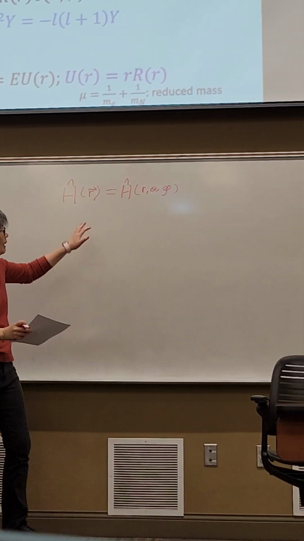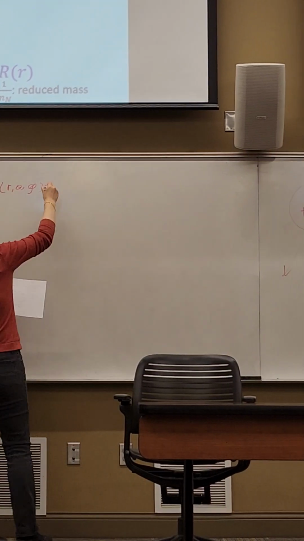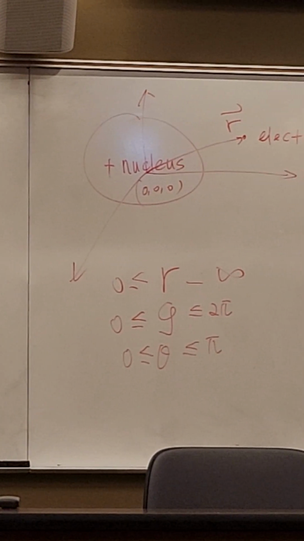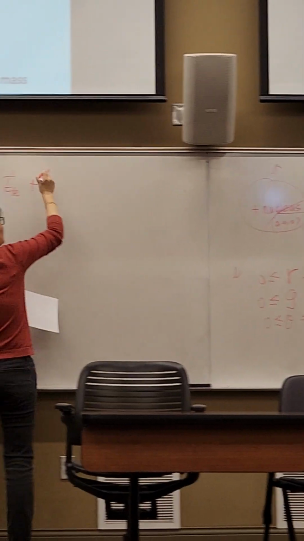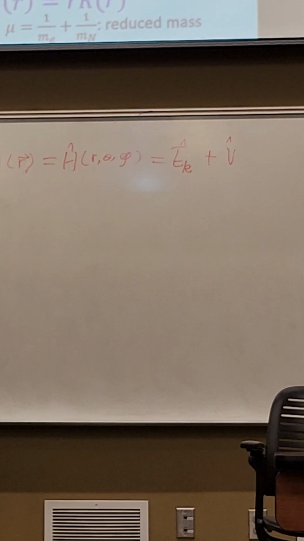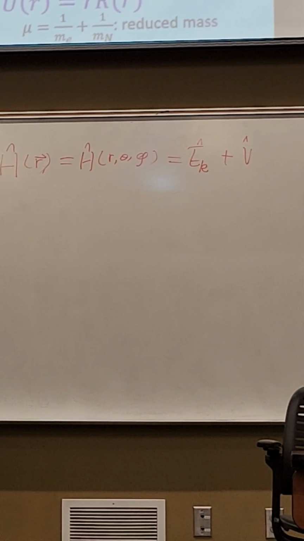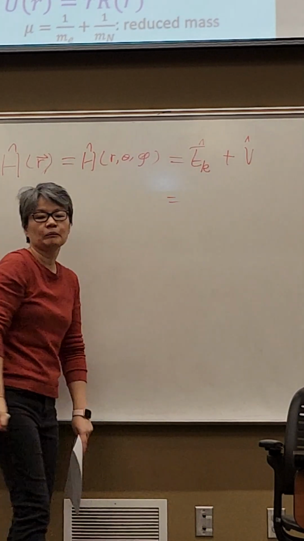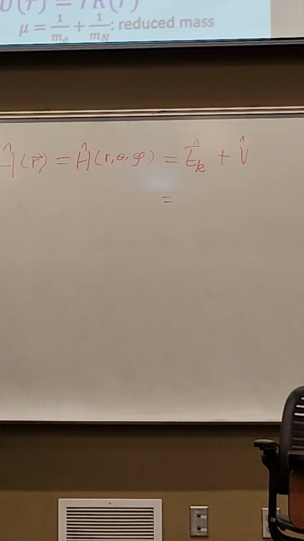Okay, now let's do this. All right, so you have 2 components: the kinetic energy component, and then the potential energy component. Now we say it's a motion of the electron with respect to the nucleus. All right, now, what do you think about the kinetic energy term?